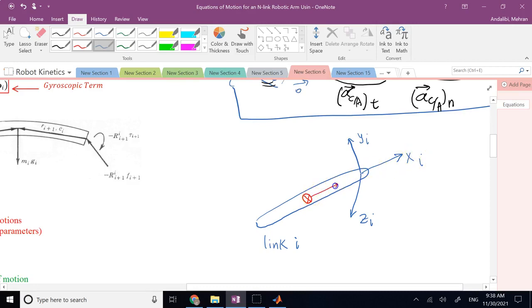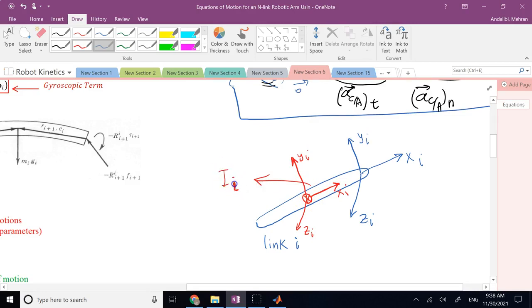So the same x, the same y, and the same z parallel to the body attached frame, but the origin of that frame is at the centroid. So about this frame is what you calculate I.